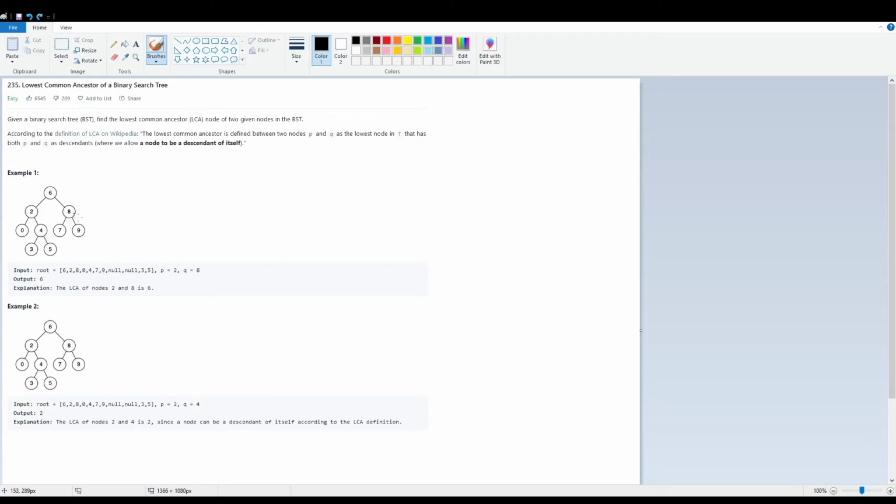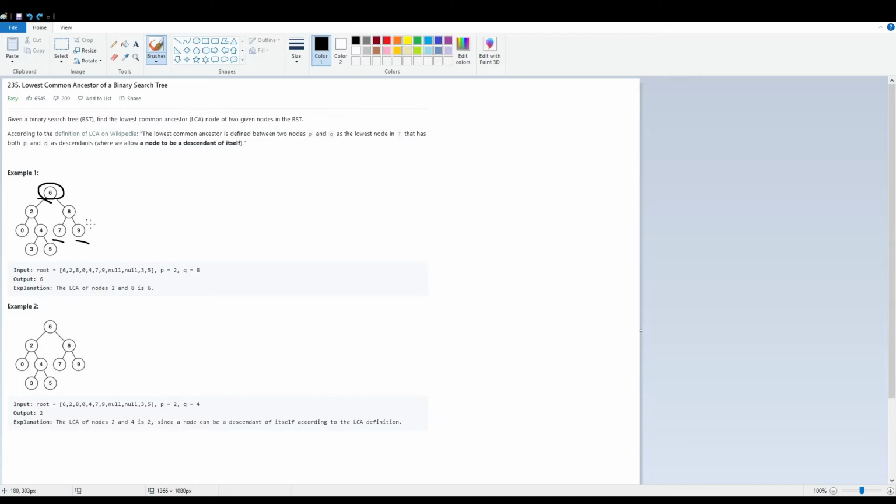But if it's not, let's say P and Q are 7 and 9, then we have to search. So we have 6 here. Is 6 an ancestor of 7 and 9? Well, yes, but it's not the lowest. How do we know it's the lowest?